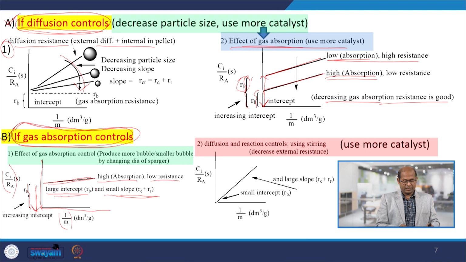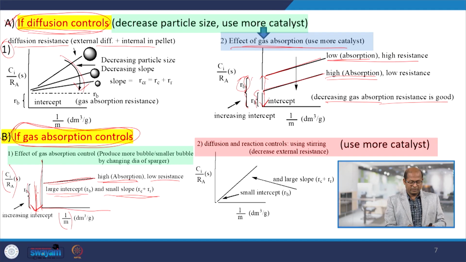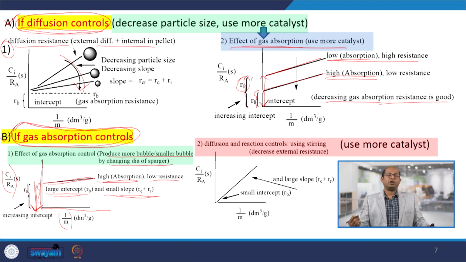Okay. Here the gas absorption resistance is very high. If we want more and more gas to be absorbed over the surface, meaning in the liquid, then this part you have to reduce. How can we control that, if gas absorption is the controlling step for this particular system? If we want to reduce the gas absorption resistance, we have to produce more and more bubbles.